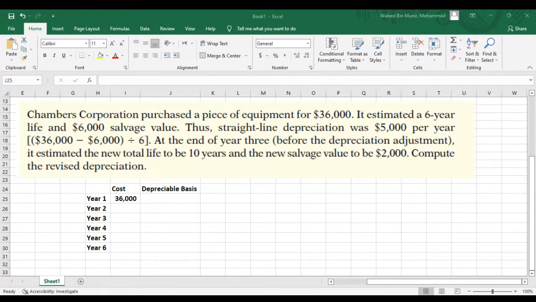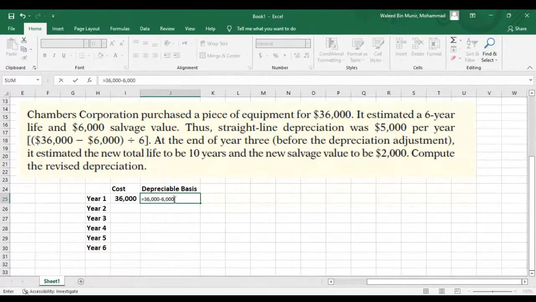Basically, this is what we call it. Remember, 36,000 minus 6,000 is what you call the depreciable basis. This is how it is, right?